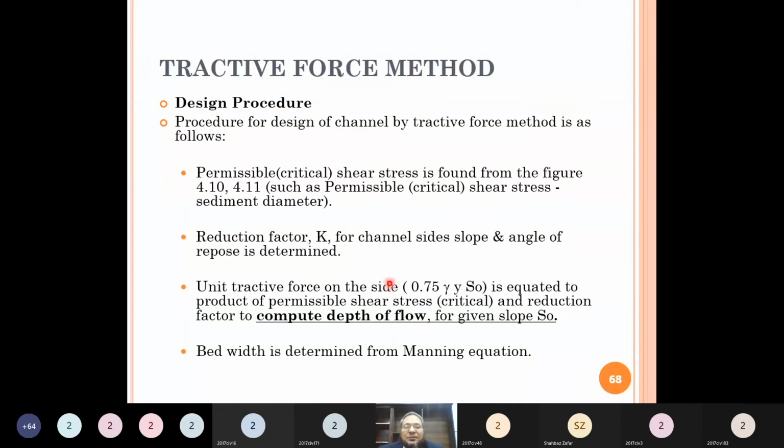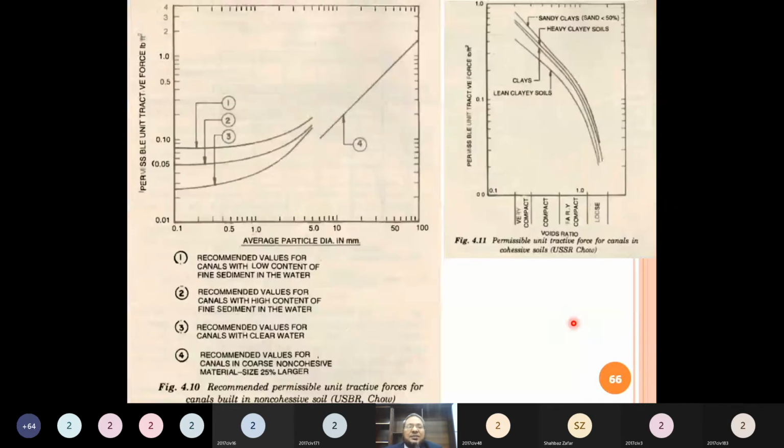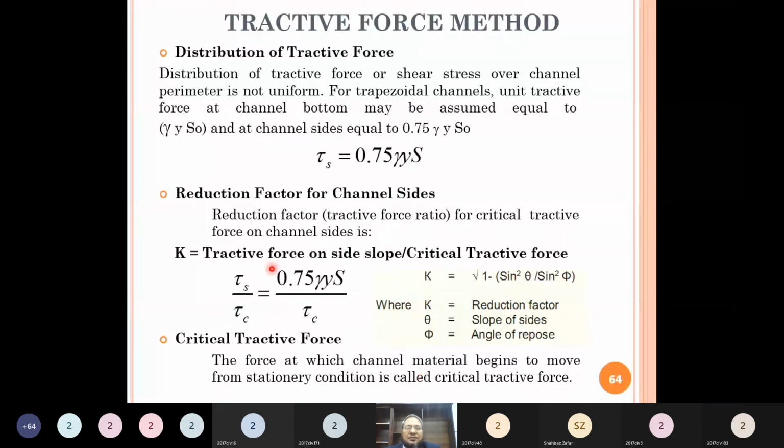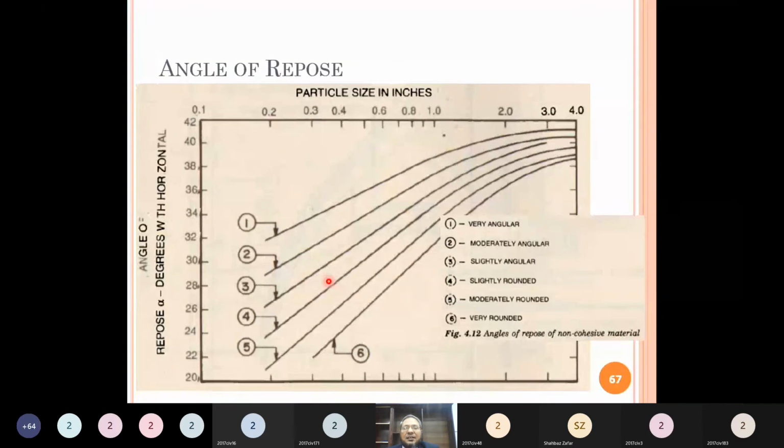Then the unit tractive force on the side, which should be 75% on the bed, is equated to the product of permissible shear stress and reduction factor to compute depth of flow for the given slope. This is the basic equation. So this K we have already determined, and using this equation and assuming certain slope, we can compute the depth of flow.